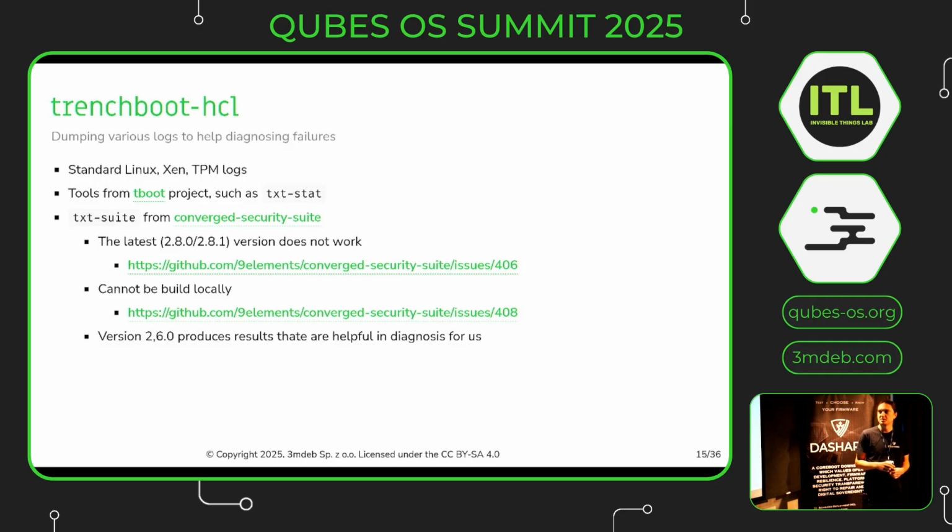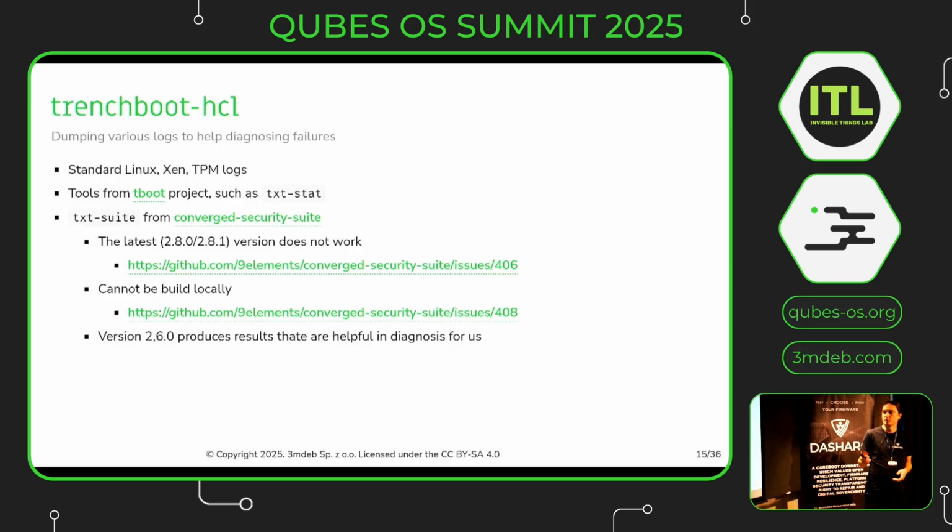So apart from the standard Linux logs, like Linux, Xen, TPM logs, we also use tools from the tboot project, like txt-stat. Also, there is Converged Security Suite and TXT Suite specifically, that we find somewhat useful.